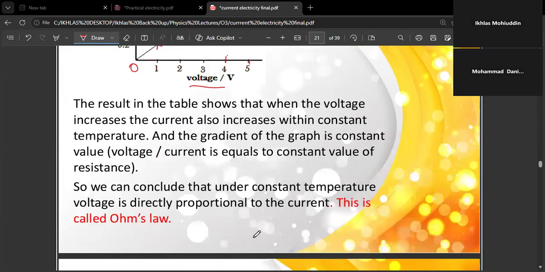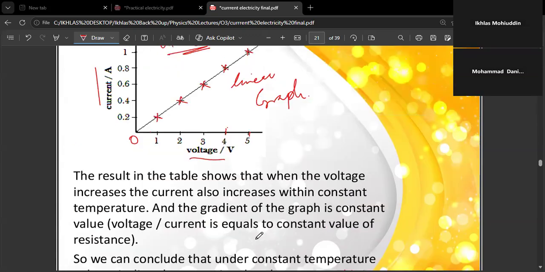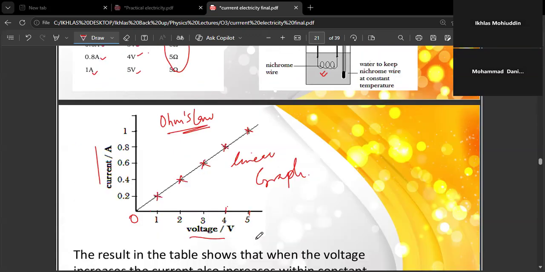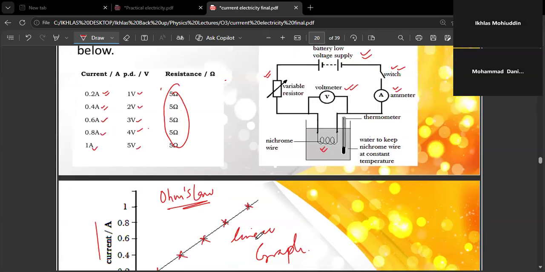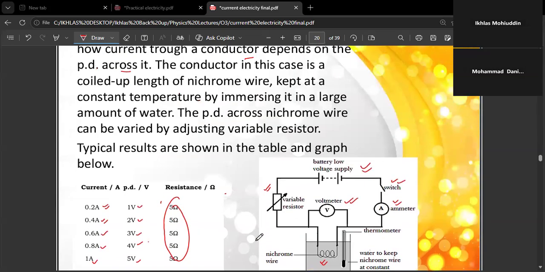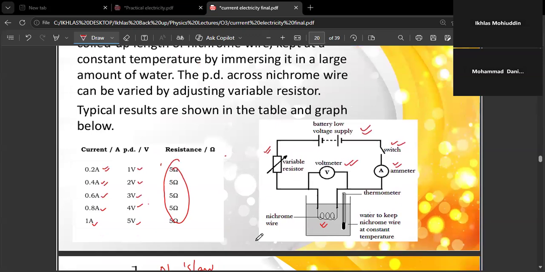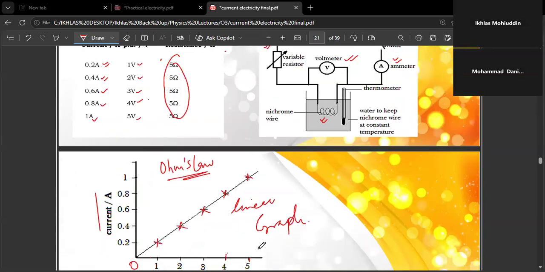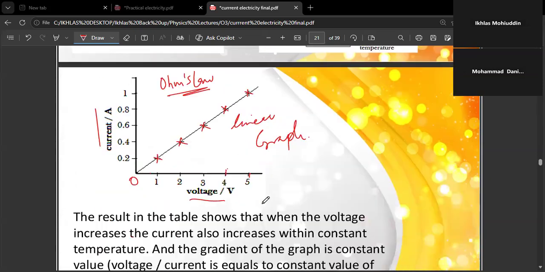So the result in the table shows that when the voltage increases, the current also increases at a constant temperature. This would only happen, Daniel, when the temperature is kept constant. If the temperature is not constant, it varies, so then it will not be a straight line, right?